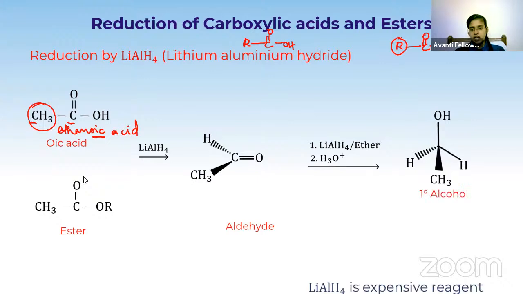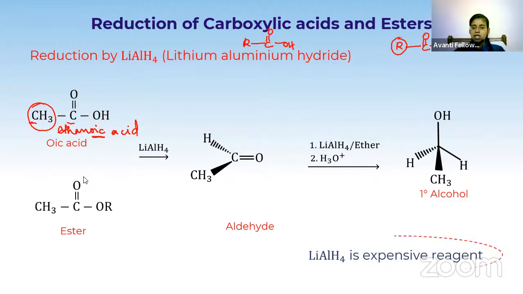As I have already told you, lithium aluminum hydride is a very expensive reagent. So first it will be converted to aldehyde, then on reduction of the aldehyde, it leads to the formation of alcohol. Got it? This point has some meaning.